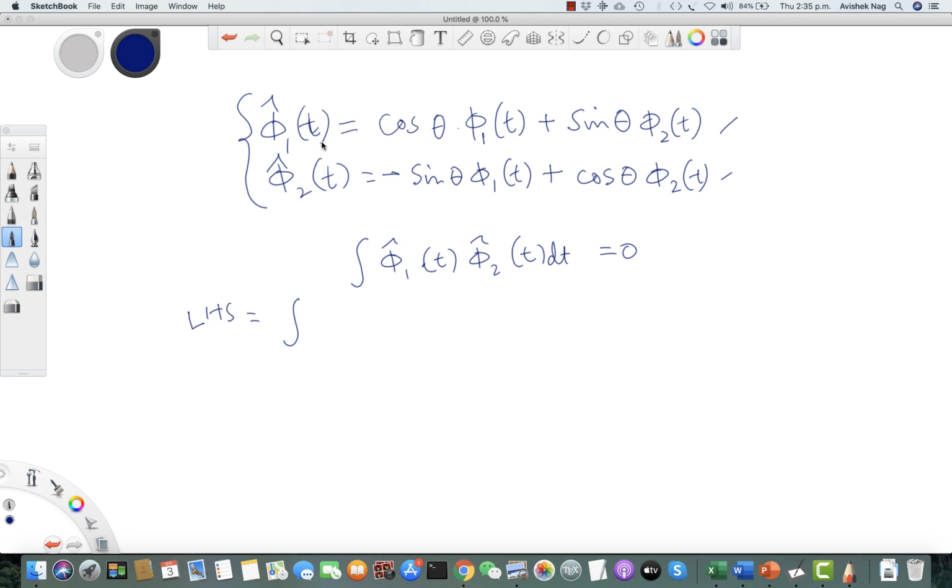Okay, so if we write this integral, the left hand side of this integral is basically, I just multiply these two terms, so we will get minus cosine theta sine theta phi 1 square. Then we have cosine square theta phi 1 phi 2.